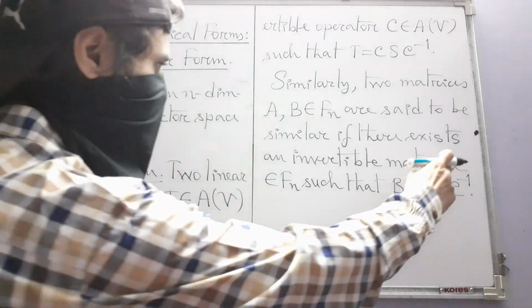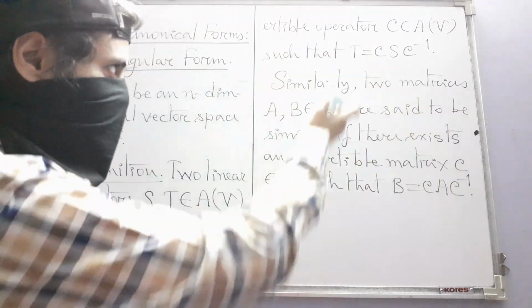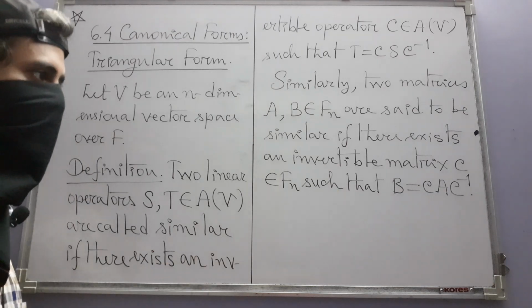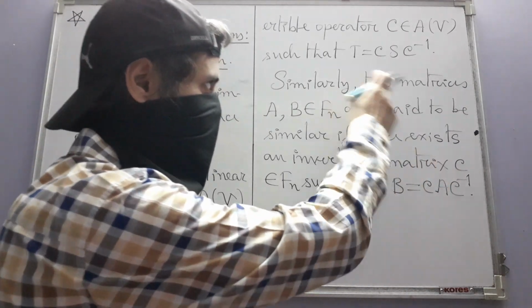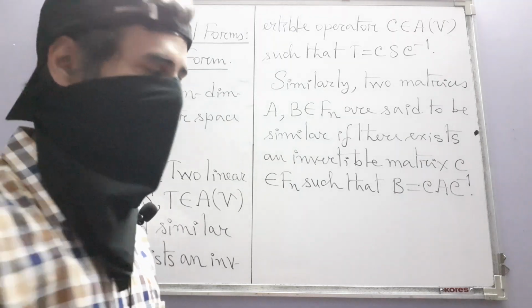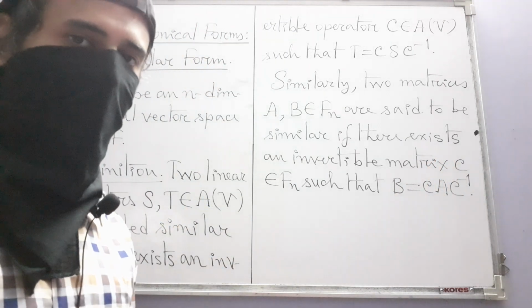Do not confuse this C with this C. That is an operator and this is a matrix. For some reason, the author has simply chosen to name both of them C. You can give some other name also, say D.